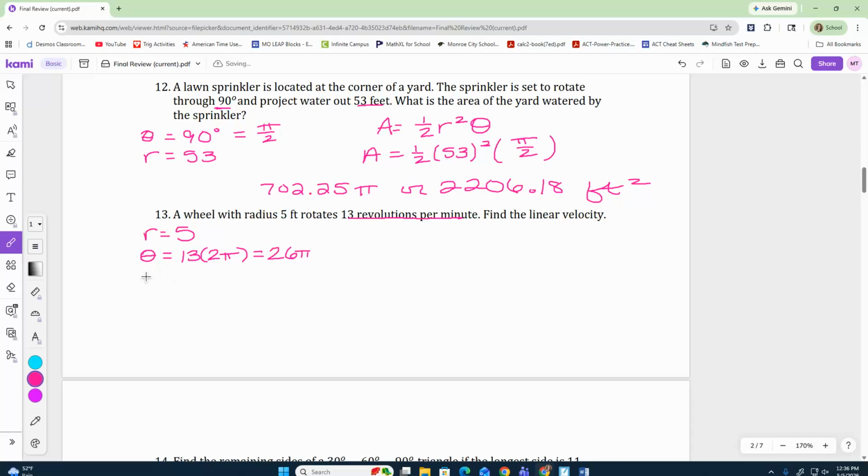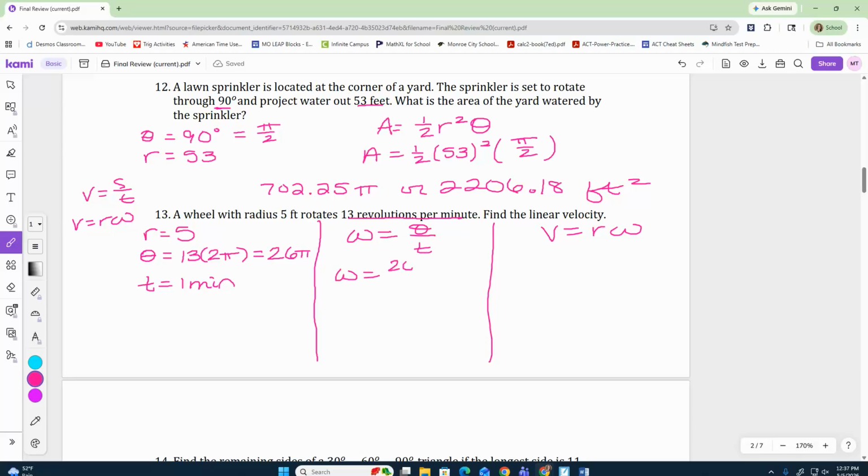My time, it was per minute, so 1 minute. I need v, linear velocity. I have two options. V equals s over t, but I don't have s, or v equals r omega, but I don't have omega. So I'm going to have to use two formulas, no matter what. Let's say I want to do v equals r omega. Before I can get there, I have to get omega, and omega is just theta over t.